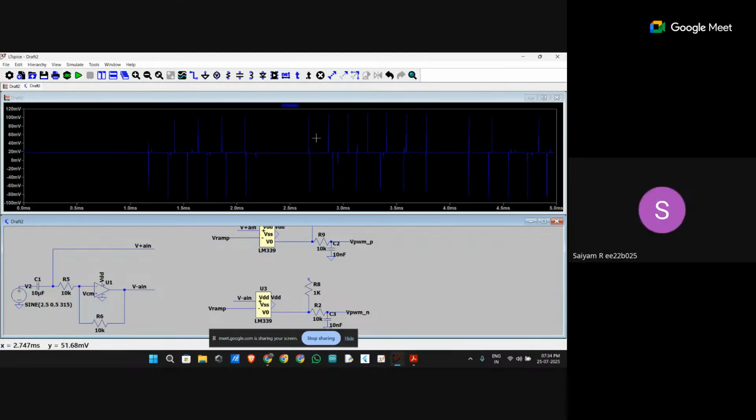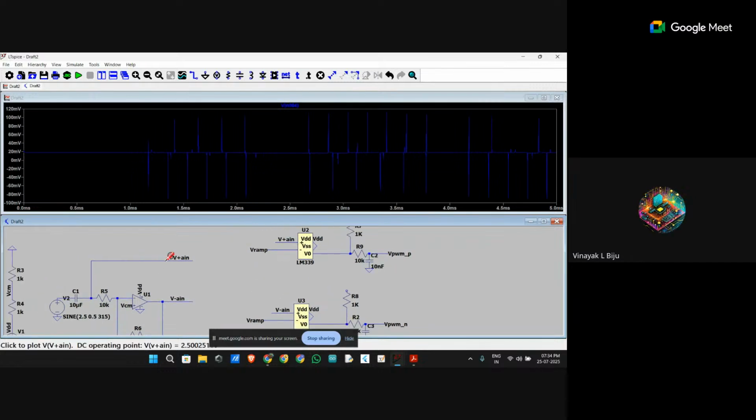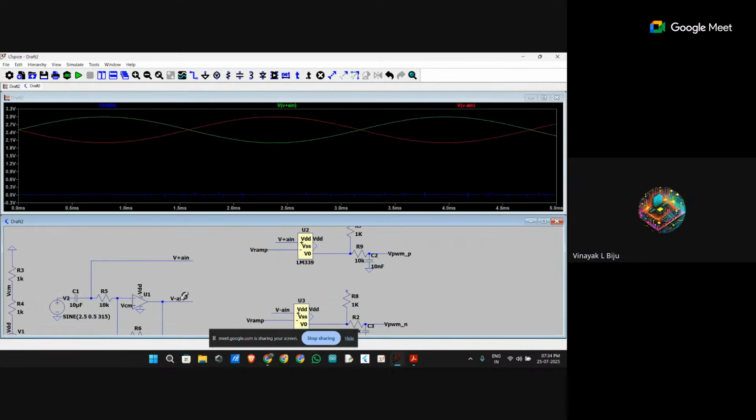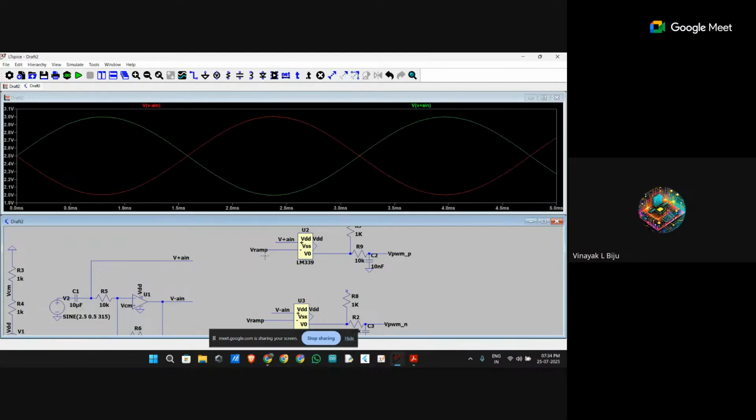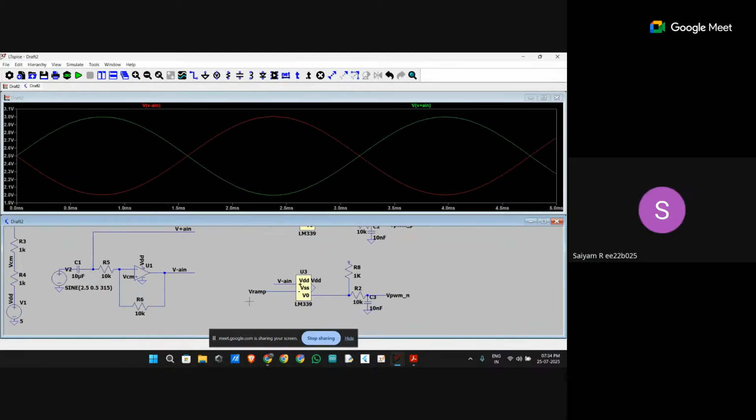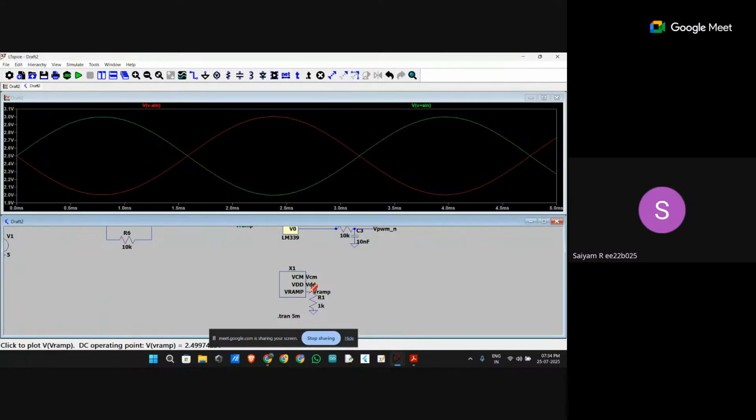No, I meant V plus in and V minus in. Oh, okay. And can you also plot the ramp? Yeah.